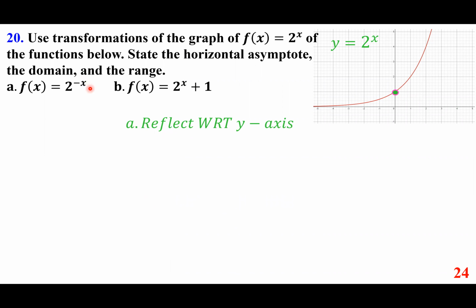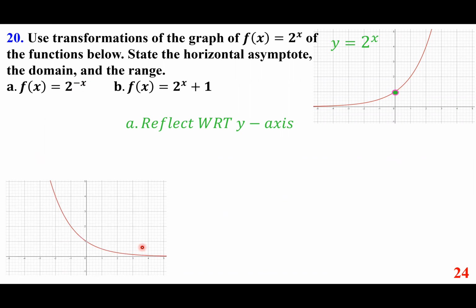Since we want x to be changed to minus x, we are going to reflect it with respect to the y-axis. So this flips over with respect to the y-axis, and it looks like that with the same y-intercept. Now the graph has the equation y equals 2 to the power of minus x.